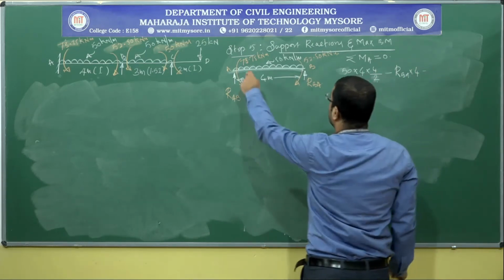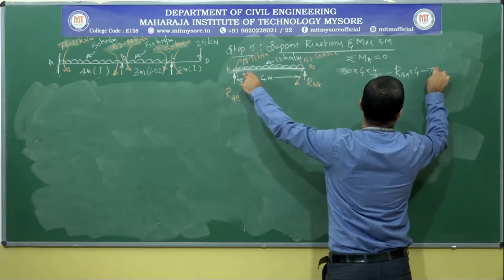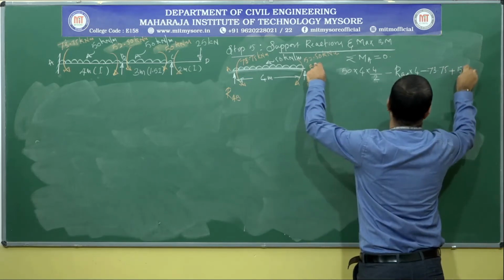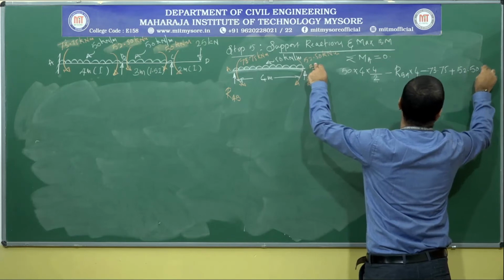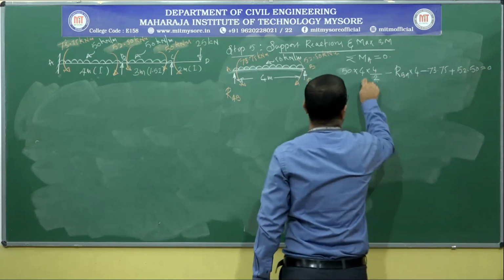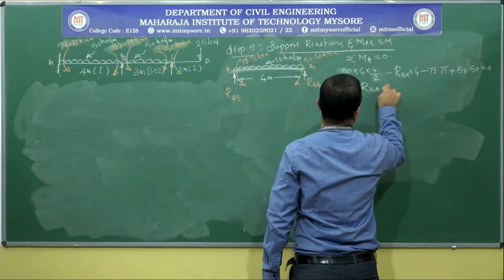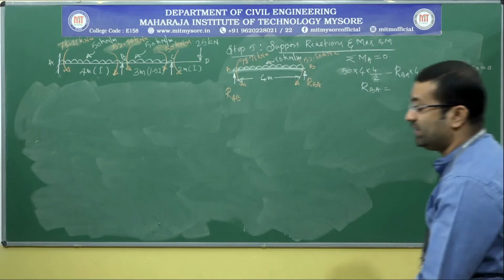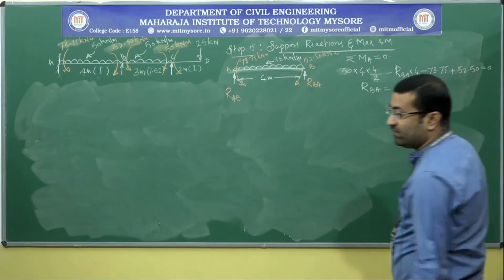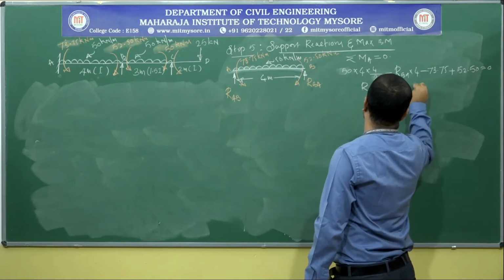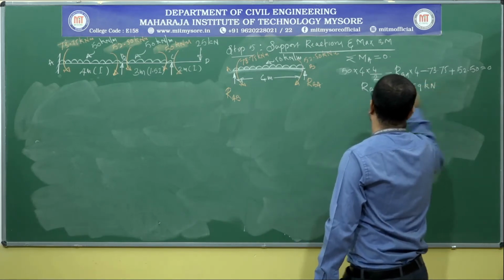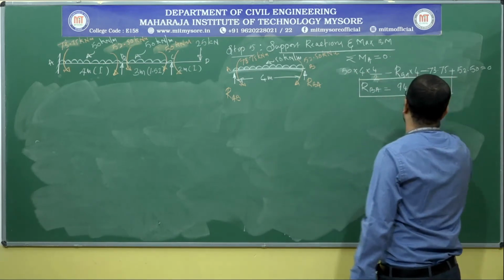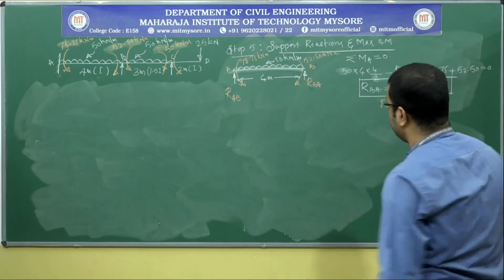Then we have one anticlockwise moment, so minus 73.75, then one clockwise moment, that is 52.50, equals 0. If you resolve this equation and determine the value of RBA, you will get RBA as 94.69 kilonewton. It is a positive value, which means its direction is vertically upwards.